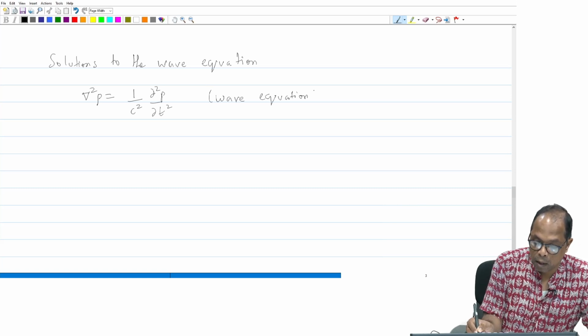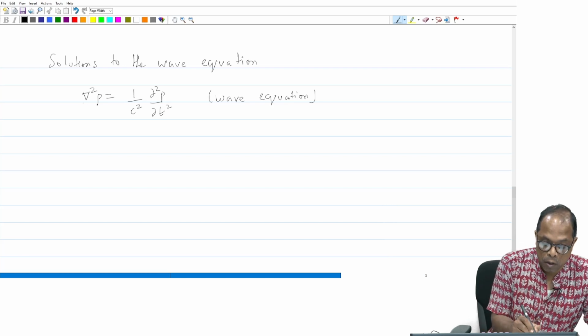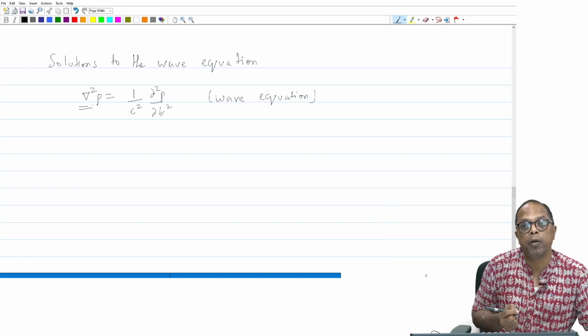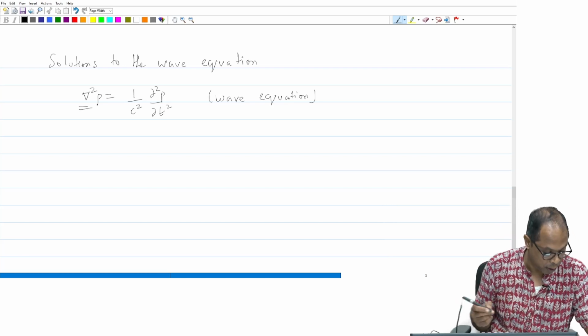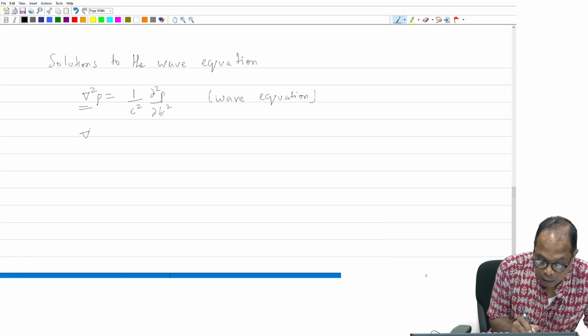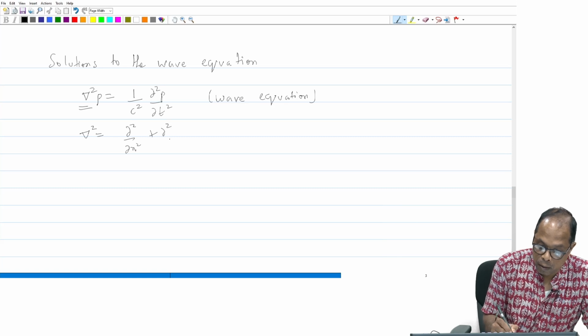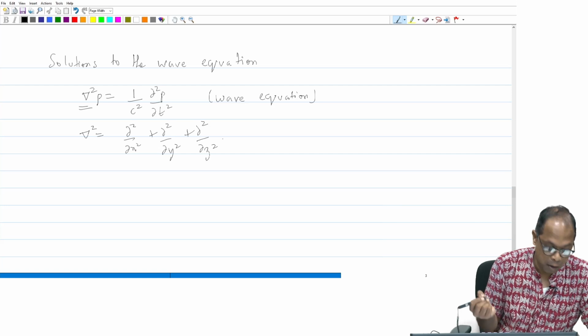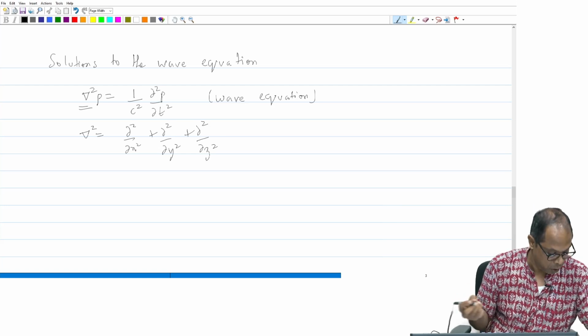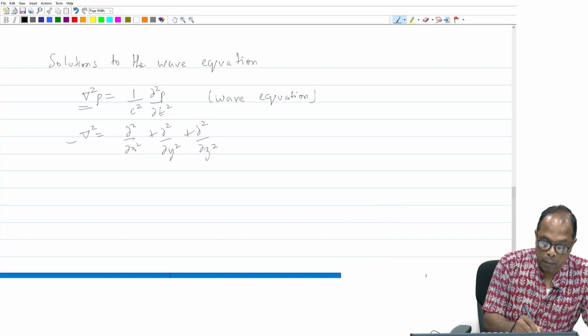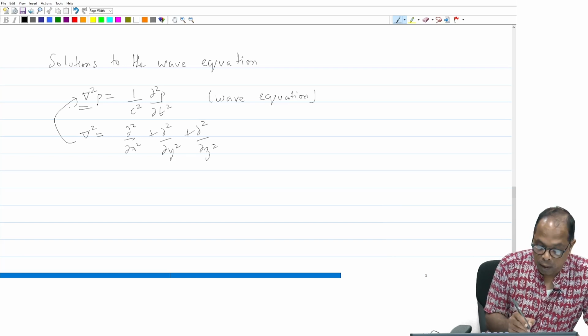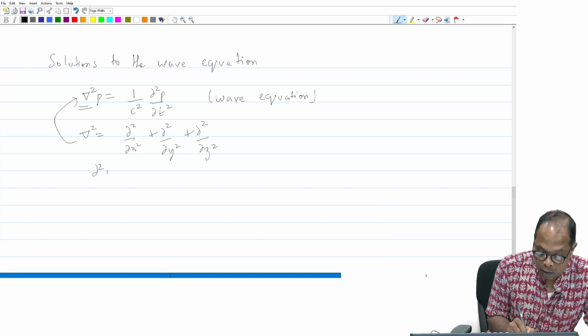Now, this operator del square, I am going to write it in the Cartesian coordinate system, and we get del square is d square by dx square partial plus d square by dy square partial plus d square by dz square partial.